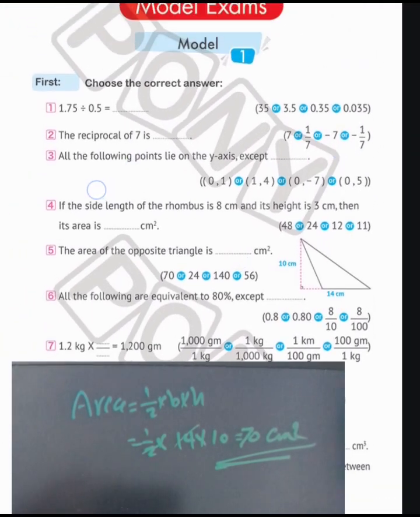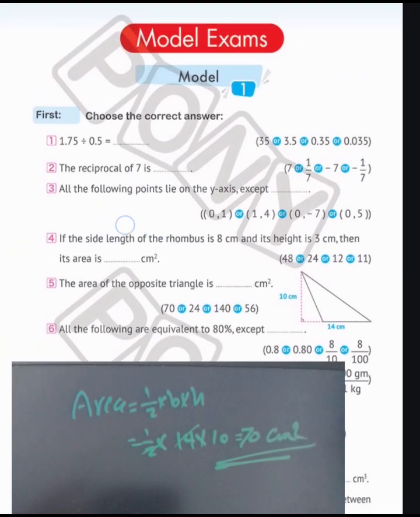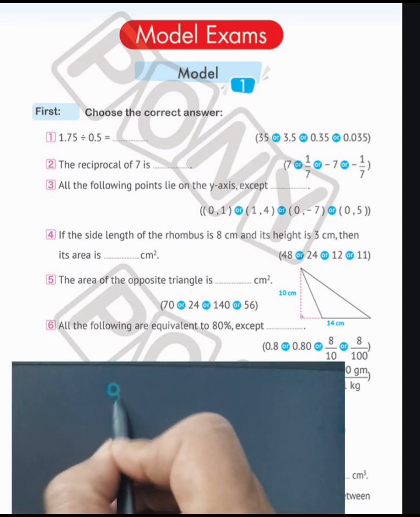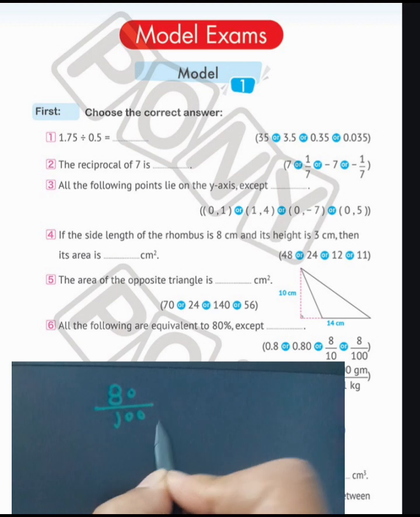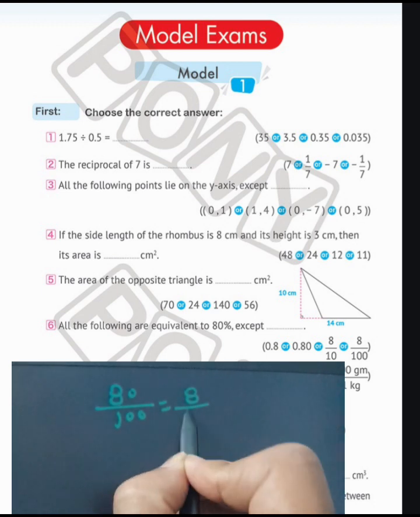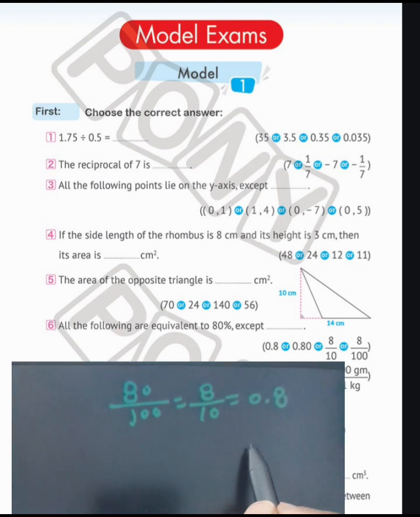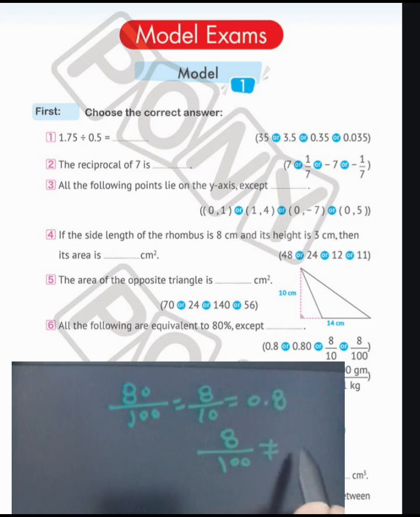Question number 6. All the following are equivalent to 80% except what? We know 80% means 80 over 100, equals 8 over 10, equals 0.8. Then all the following are true except what? Except 8 over 100. 8 over 100 is not equivalent to 80%, okay?